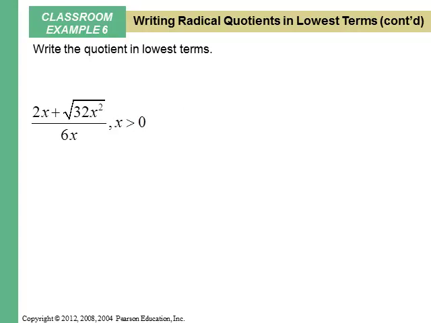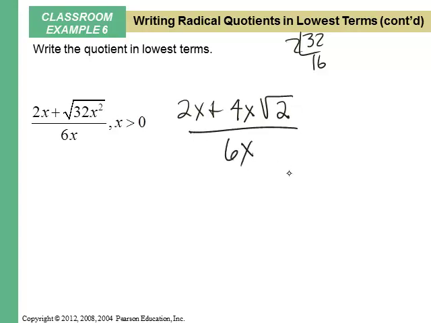Now sometimes you have to figure out what that square root is. So it's 2x plus 32 divided by 2 is 16, so that's 4x square root 2 over 6x. Divide everything by x, and you can divide everything by 2, and you have 1.